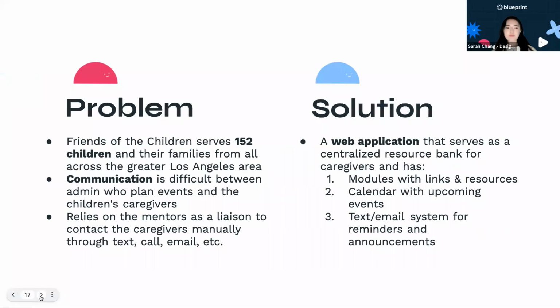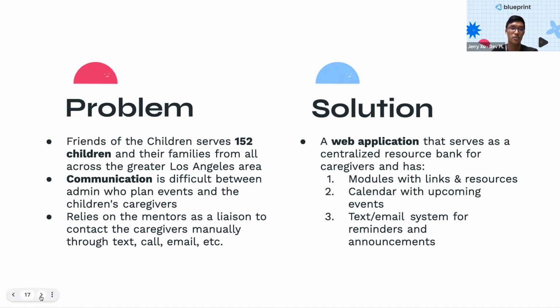Next slide, please. Some of the problems they were running into: they serve 152 children and their families from all over the greater Los Angeles area. Because they serve so many people, communication is very difficult between the administration who plan the different events for Friends of the Children and their children's caregivers.